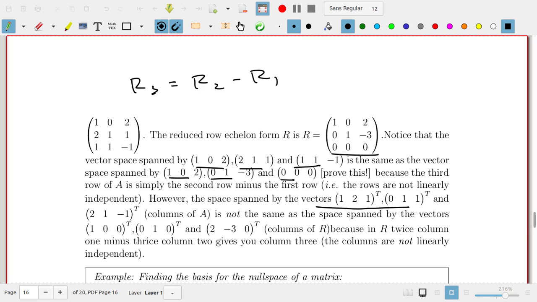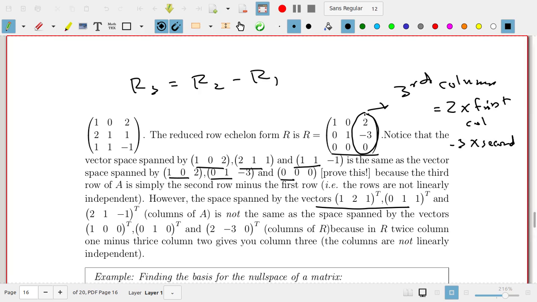Because notice that this third column equals 2 times the first column minus 3 times the second column. So the third column is not linearly independent; it is linearly dependent on the first and the second columns.